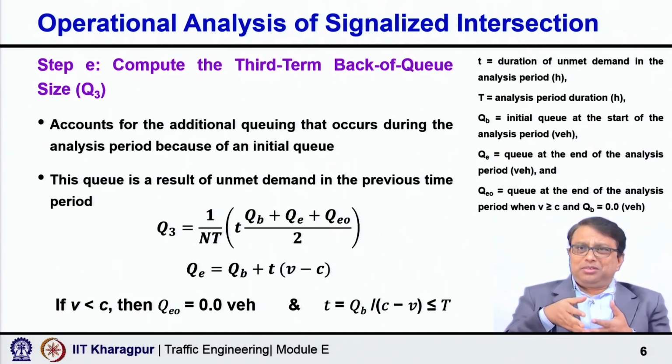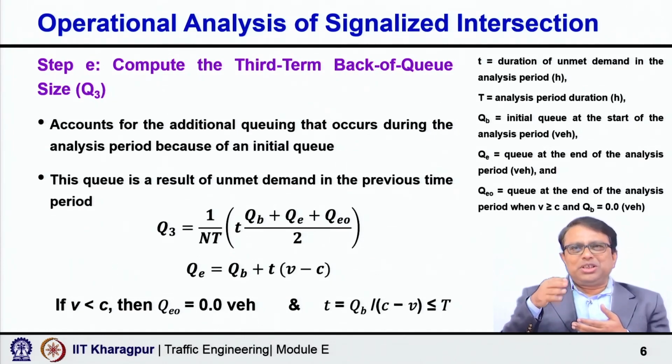If the demand is more than the capacity, then whatever is your QB value, at the end QE will be larger than that. If the capacity is higher than the volume, then either the whole QB will get dispersed and you may get a 0 value of Q, or you may get a Q which is lesser than the present Q, that is QB.